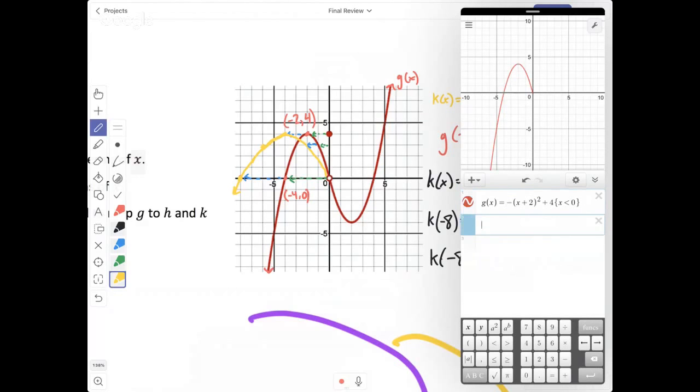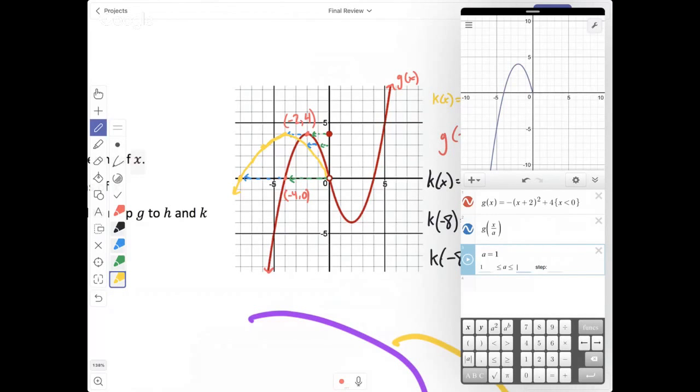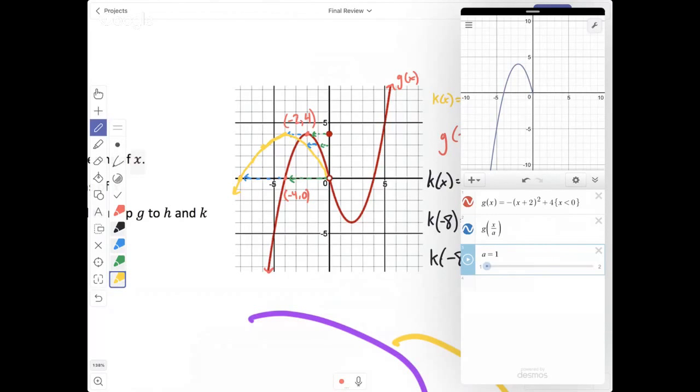We can now see visually what happens as we plug in g of x over some slider a, which we are going to let vary from 1 to 2. And watch as that red graph gets stretched out, dilated till it's twice as far from the y-axis. We can see that happening really powerfully.